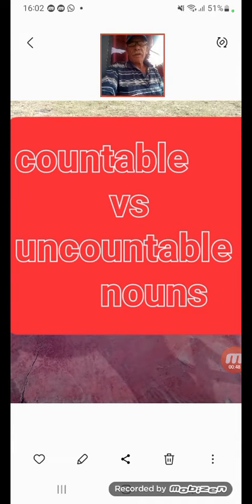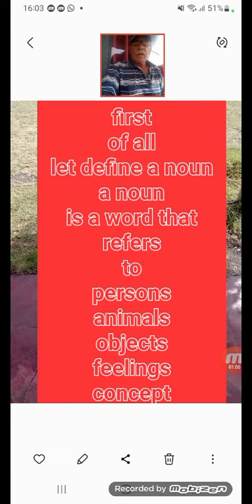So, in the English language, we have two types of nouns. But before moving on, before going ahead, let us define what a noun is. Of course, a noun is just a word like all other words, but it has a special function.